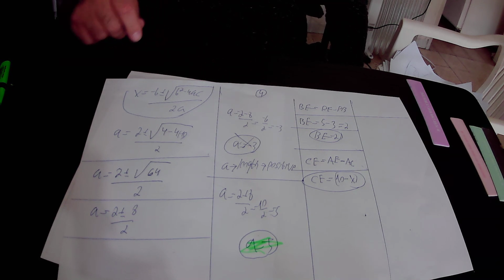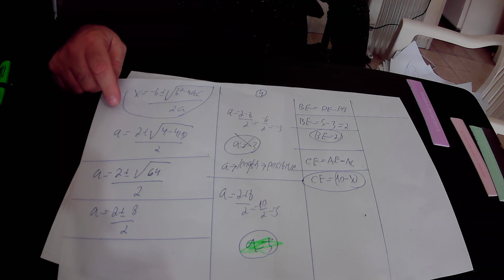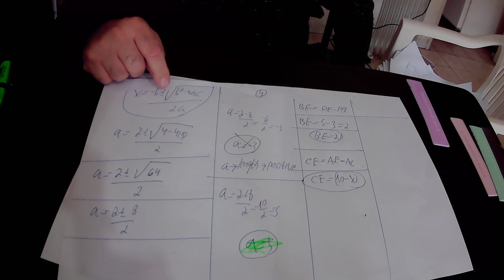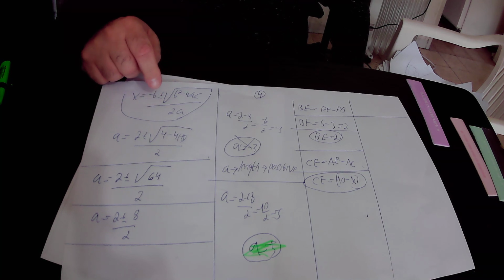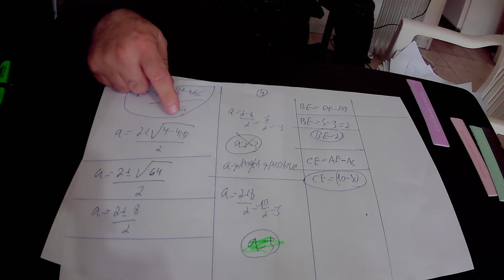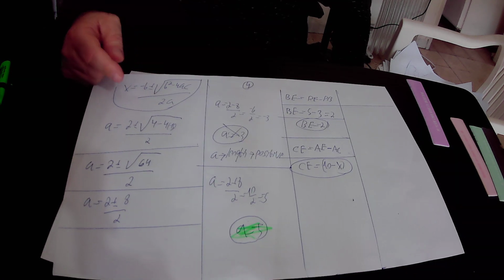The variable we are looking for in our specific quadratic equation is A, so x is equal to A. So A equals minus b, b is minus 2, so minus b is plus 2, plus or minus the square root of b squared. b is minus 2, so b squared is 4. Minus 4 times a, which is 1, and c, which is minus 15, over 2.